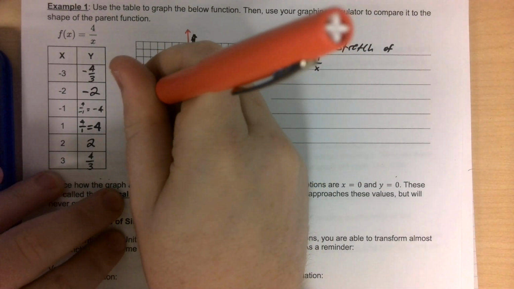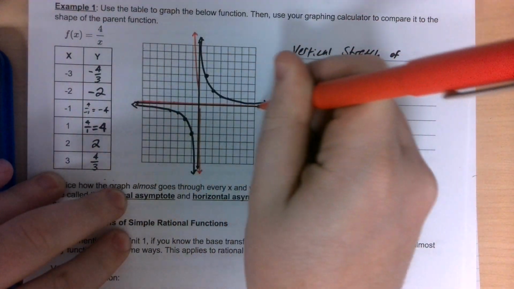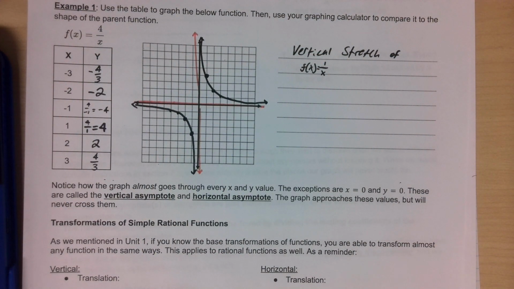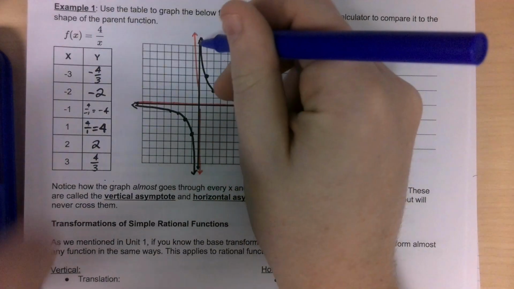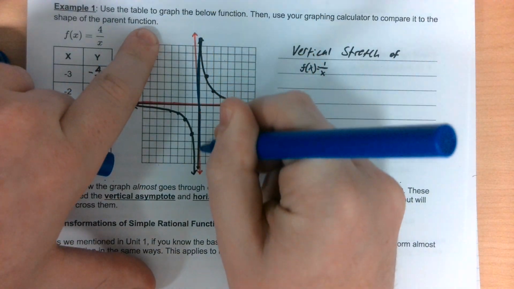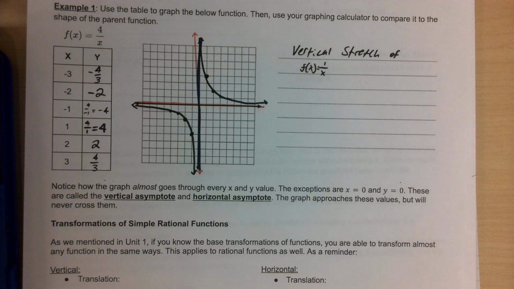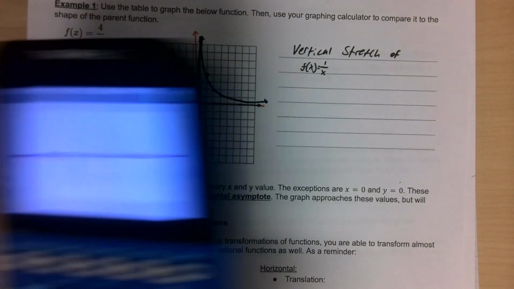It's never going to touch our x-axis. It's going to get closer and closer, but never going to make it. The same thing with our y values, or I should say, with our y-axis. It's never going to touch the y-axis either. It's just going to get closer and closer.